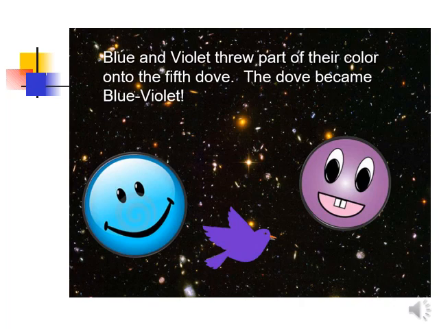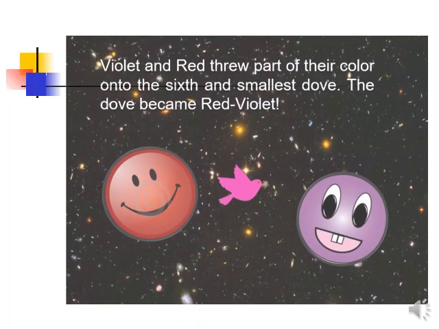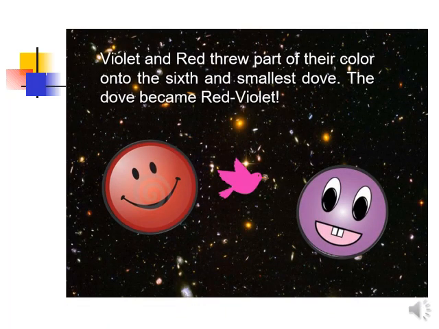The dove became blue violet. Violet and red threw part of their color onto the sixth and smallest dove. The dove became red violet. So we mix the violet and the red together, and we have the smallest dove, which is the color red violet.